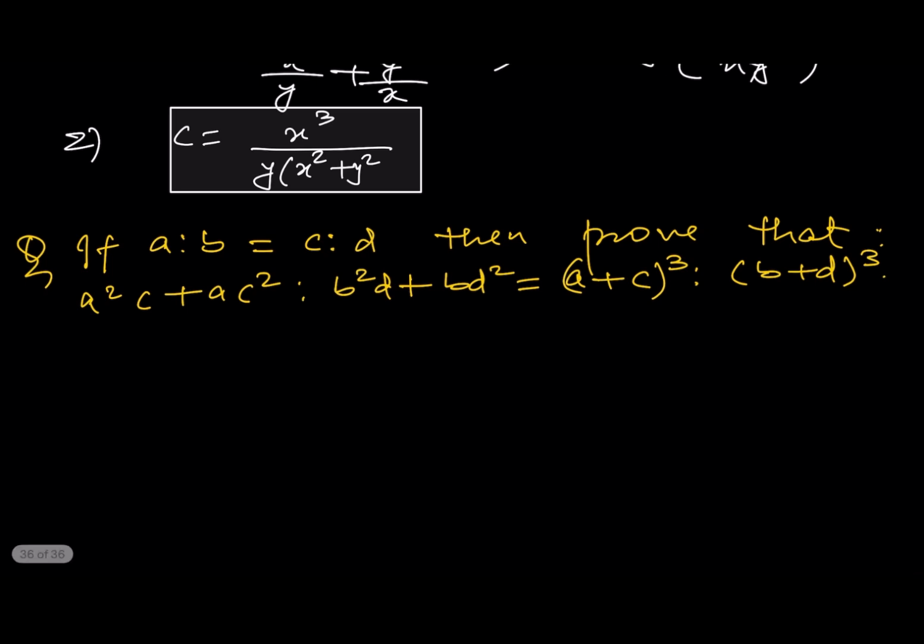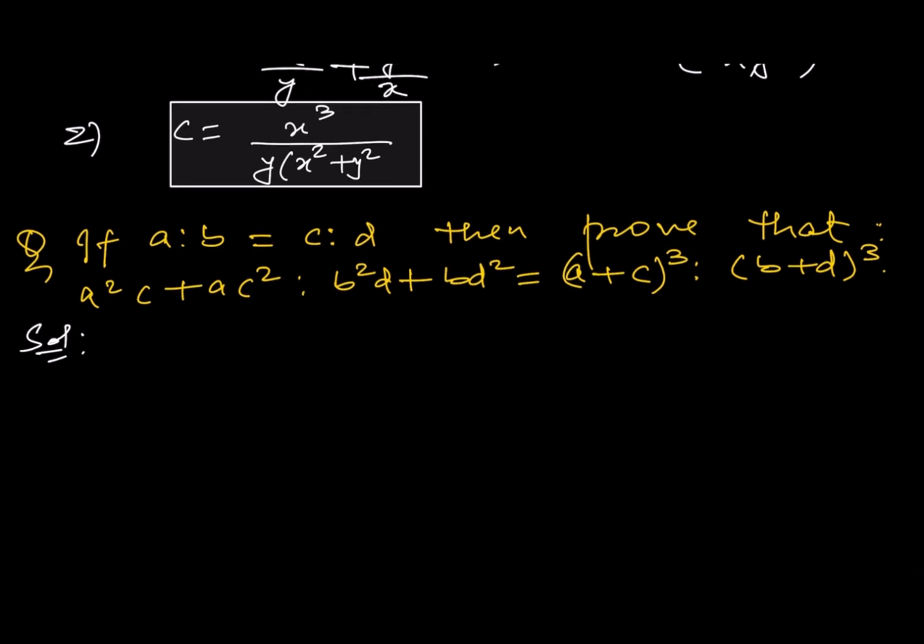Okay, so now here we are given A by B is equal to C by D, and let's say it is equal to K, right? Let us assume this thing.